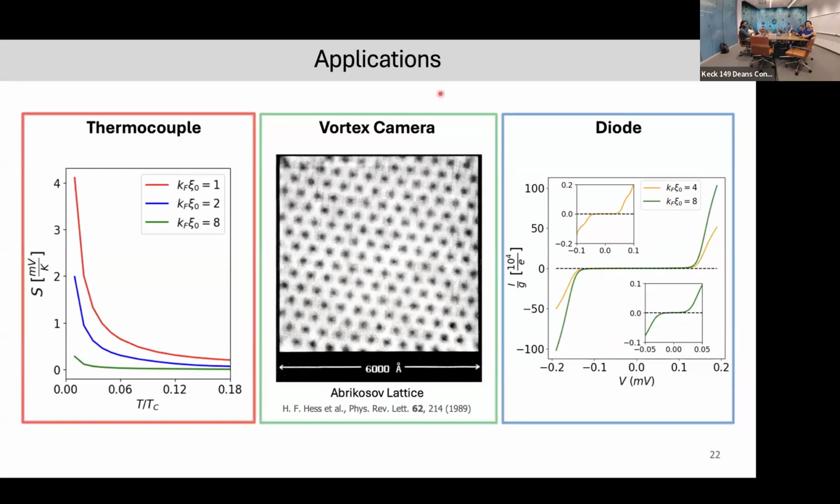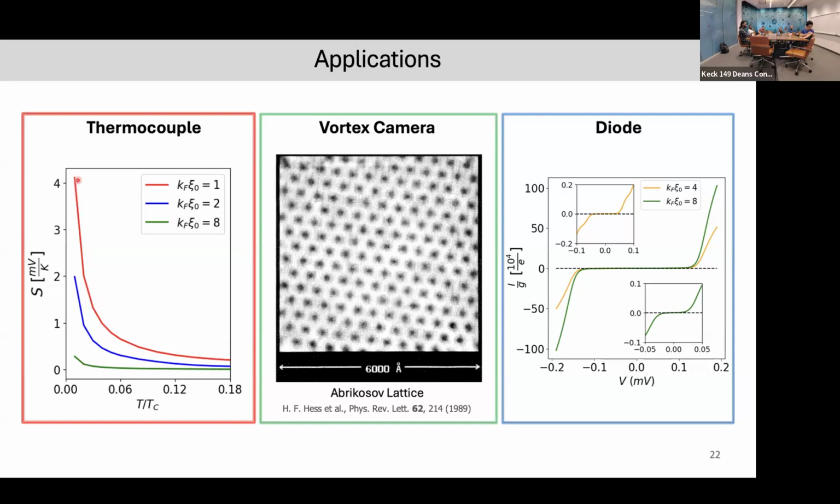And these are some applications that we propose. So first of all, we can do temperature measurements using the Seebeck coefficient that we get. The idea basically is that the Seebeck coefficient is really sensitive to temperature, especially for low temperature values.